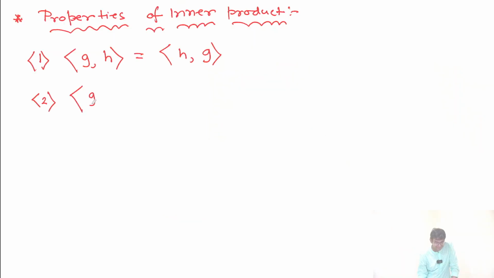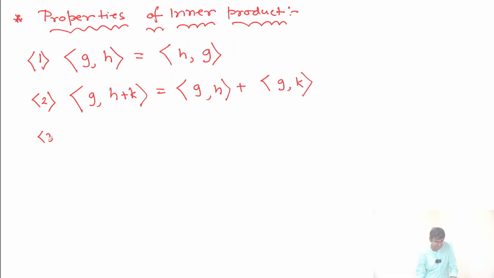G comma h plus k is equal to inner product of g, h plus inner product of g and k. So inner product of g comma h plus k is equal to inner product of g comma h plus inner product of g comma k.